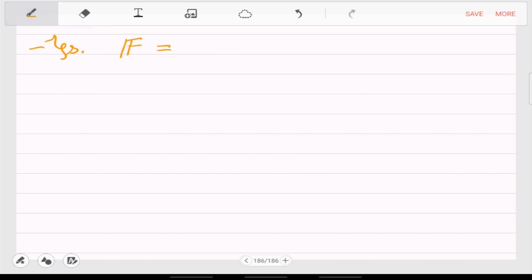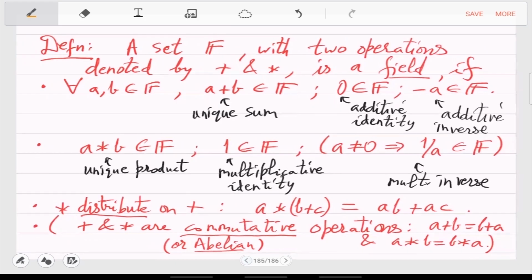The smallest field you can think of is the field of rationals, which is fractions of integers, right? Because you can see that in rationals you can add, well, first of all there is 0, there is 1, you can add, you can multiply, you can divide, and distribution is also there, commutativity is also there. So everything is satisfied.